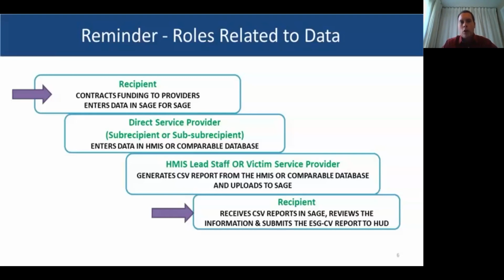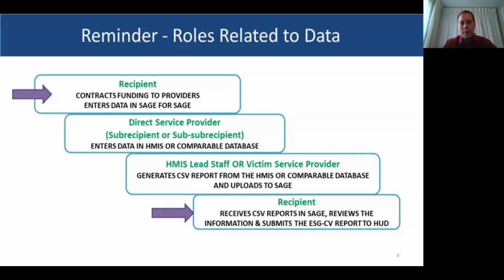So they'll include all the projects within a single implementation with a similar time frame associated with start and end, and all those projects will be in that single bundle. There will be a separate bundle created for another project type, rapid rehousing. The recipient will create a bundle for all the projects associated with rapid rehousing. So that's what a bundle is.